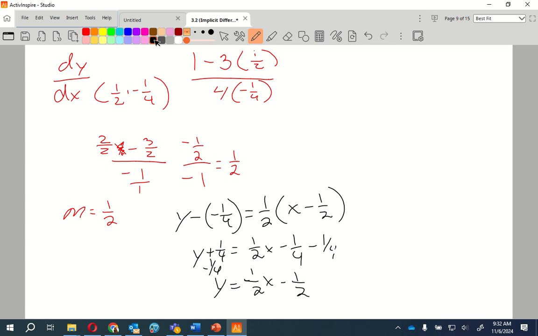Now this next part here is going to be key, because I'm pretty sure you guys don't really know how to actually graph these type of equations yet. Or do you? You guys know how to graph these type of equations? No? Maybe?